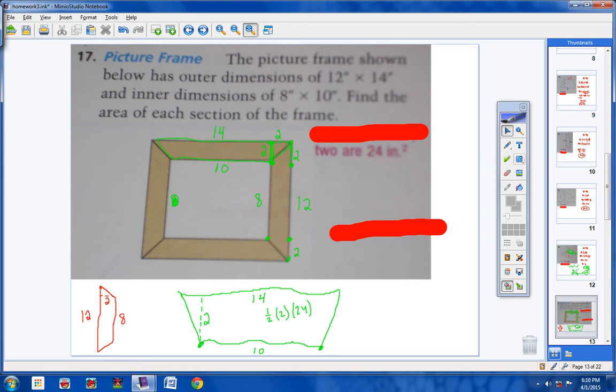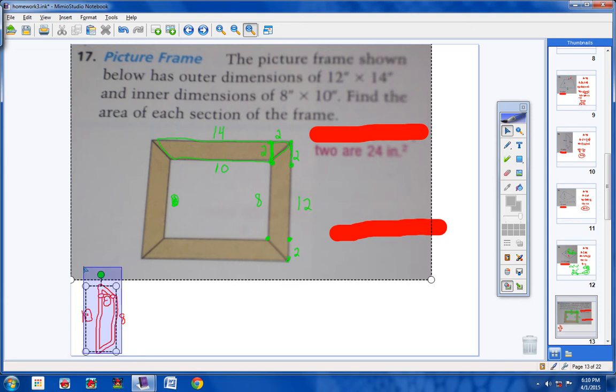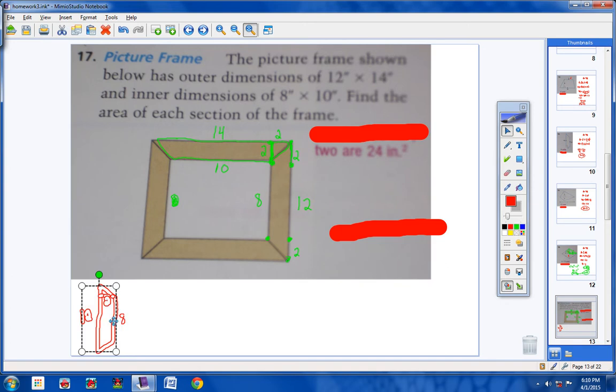Now, the other one right here, let's grab this, make a little room here. If I can get this thing to work here. Alright. We'll bring that 8 over in a second.